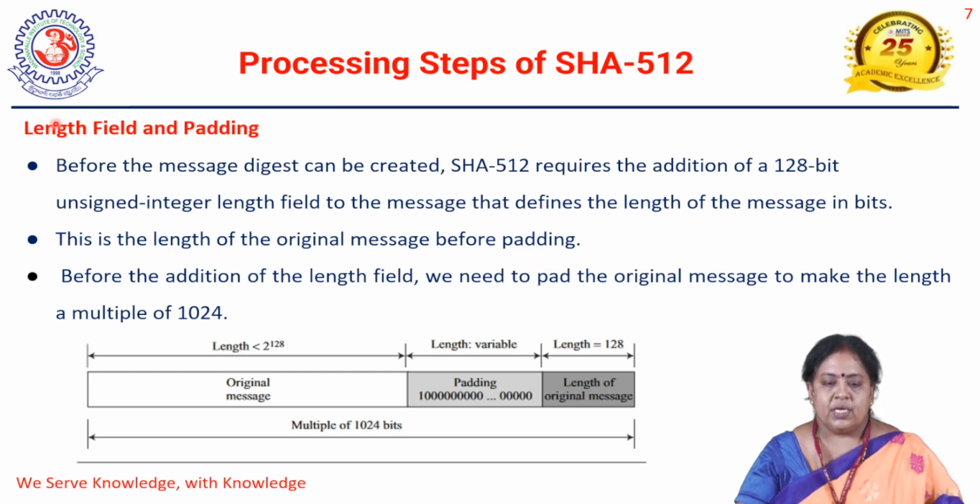What do the length field and padding mean? The input for this algorithm is a variable length message, but what is the restriction? It should be less than 2 power 128 bits. And it is going to produce a fixed length output of 512 bits. Before the algorithm produces the hash value, there is one requirement for SHA-512.